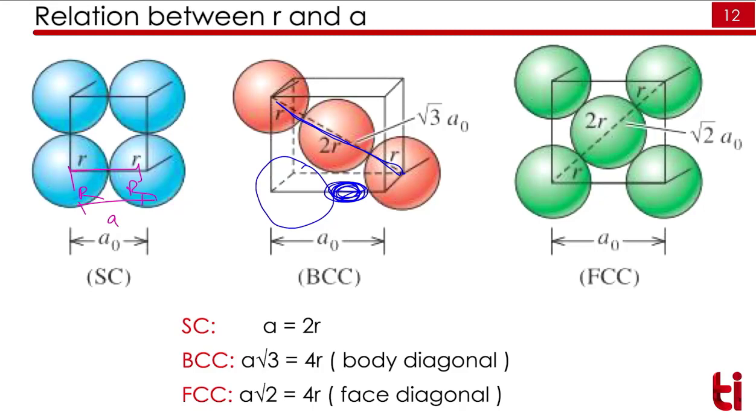So BCC: a root 3 equal to 4r. In FCC again, we know this is the radius, this is the radius, but we don't know this distance. But we know these atoms are touching together at the face diagonal, given by a root 2. So FCC: a root 2 equal to 4r.